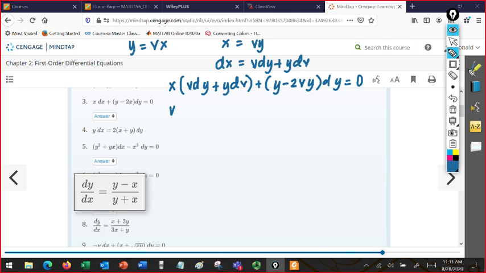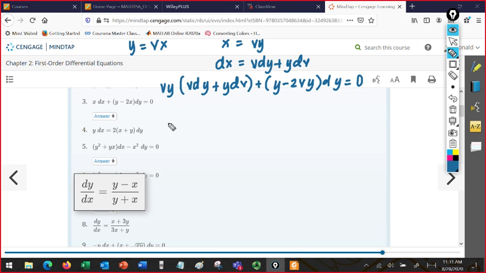I forgot to substitute. So, x here is supposed to be vy. So, yung natirang variables na lang are v and y.